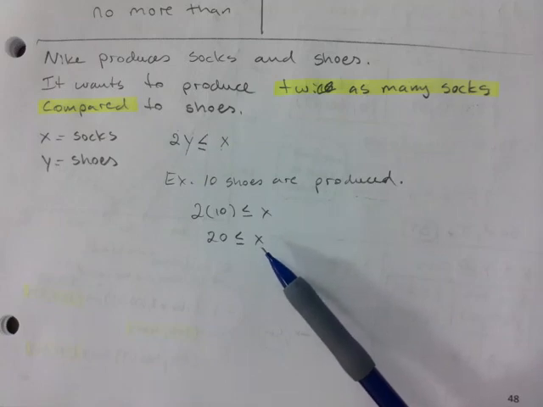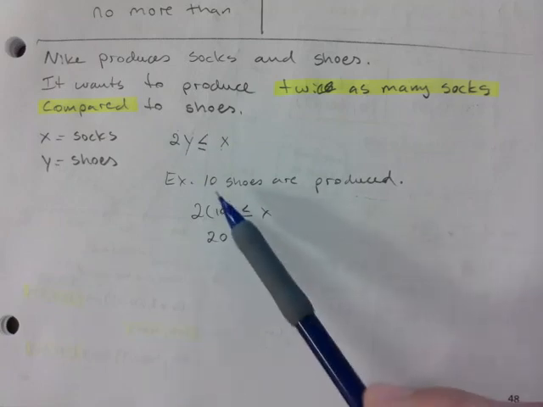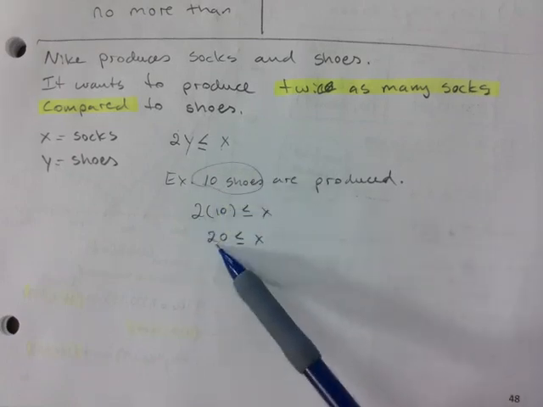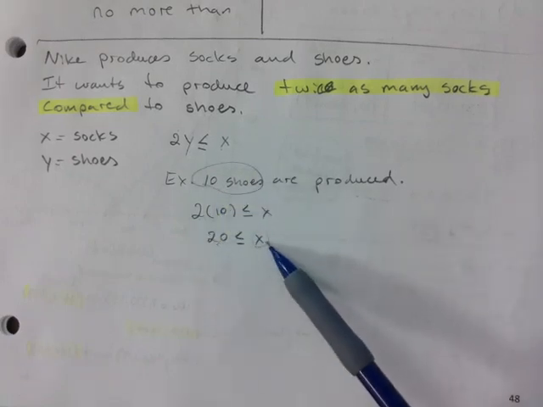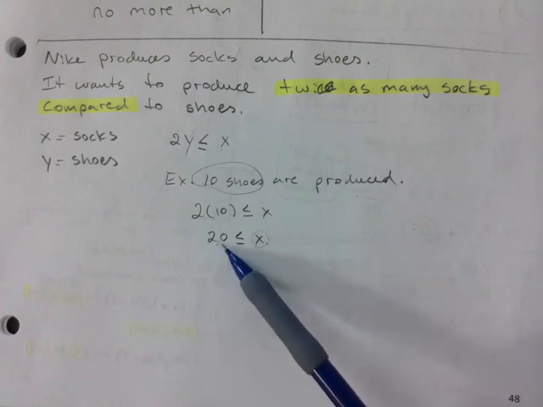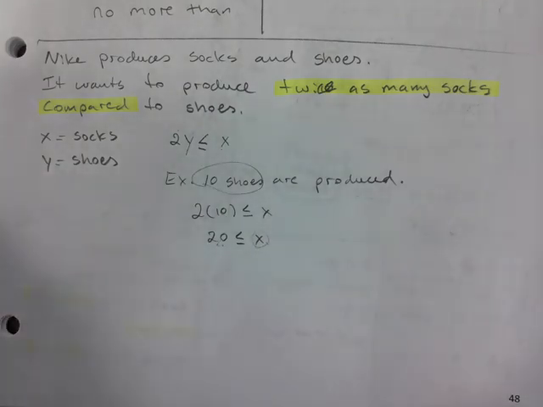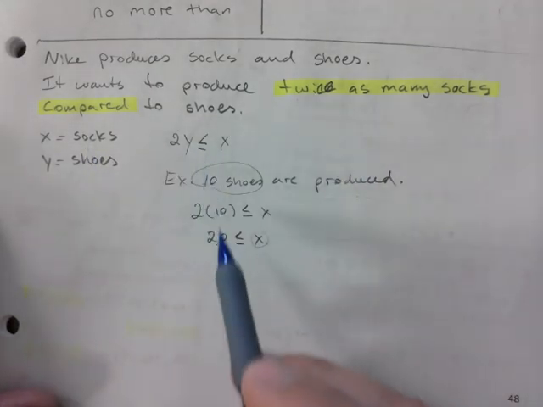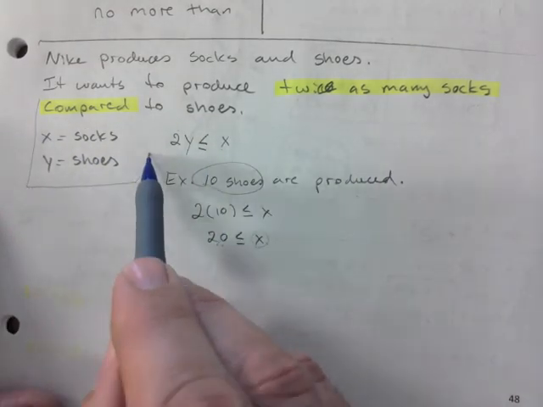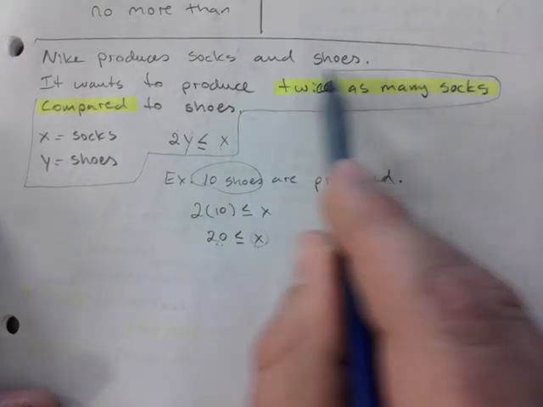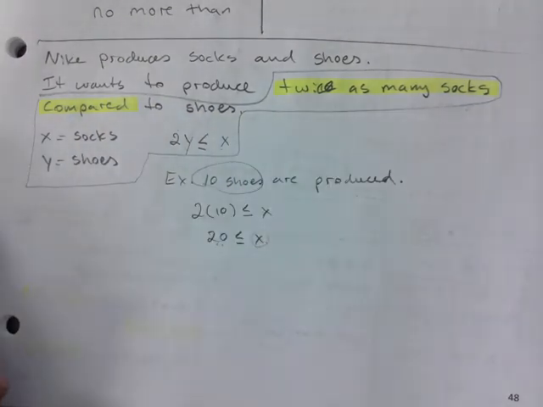If you made 10 shoes, you want the number of socks to be at least 20, or more. So this one right here, I would maybe have somewhere on my study sheet, just the twice as many socks compared to shoes part. Just so you know, it's counterintuitive.